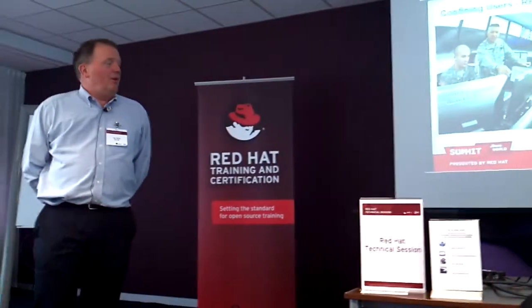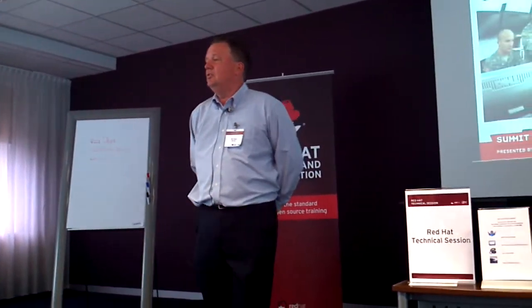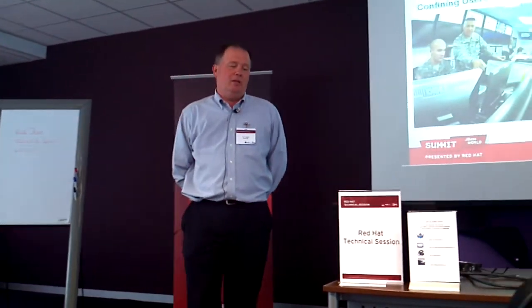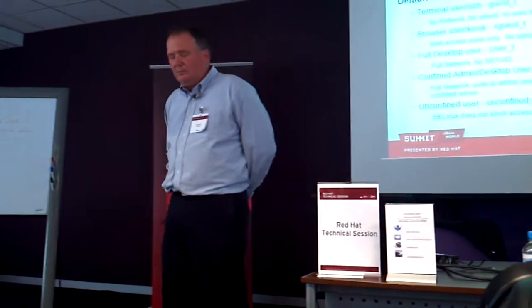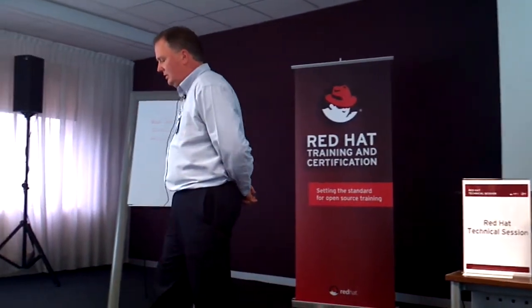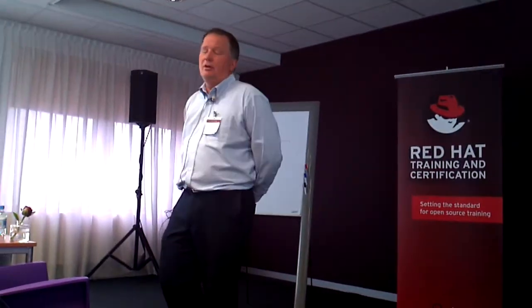So in RHEL 5, we actually did a real good job of confining soldiers. Right? The only people that use MLS policy are people in the Department of Defense. So they had the capabilities for confining users, but as I said, we wanted to default all users in the targeted policy in RHEL 5 to be unconfined users. But the problem with this: these are the new confined users that are available inside of RHEL 6.